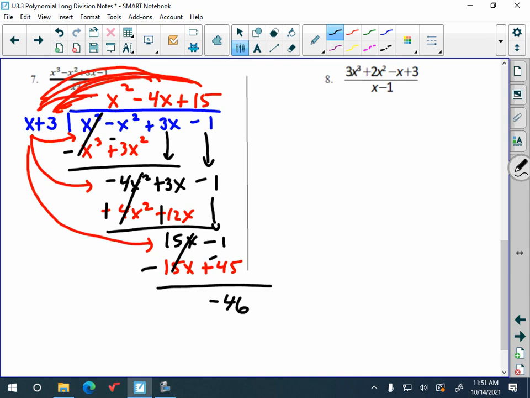All right, so you should get negative 46 as the remainder. All right, so our answer, x squared minus 4x plus 15 plus negative 46 over x plus 3.